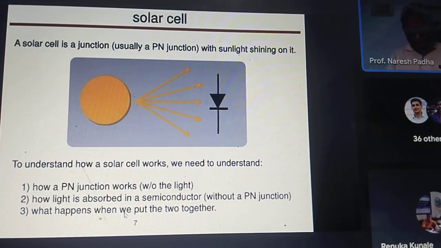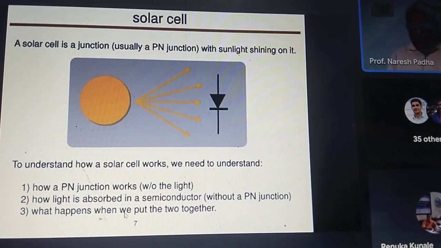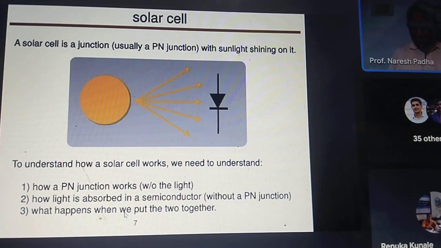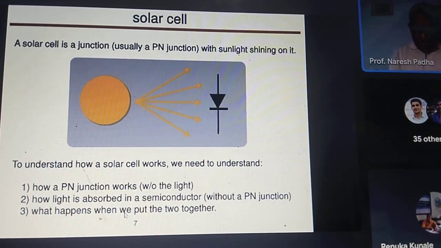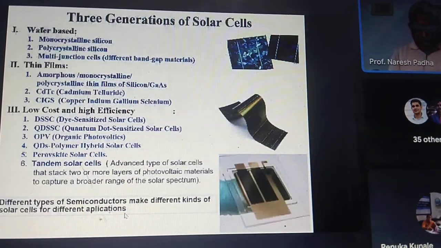So, absorption of light and functioning of a PN junction diode simultaneously affects the working, functioning of the solar cell.